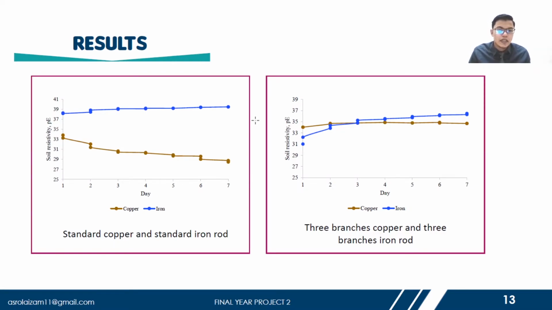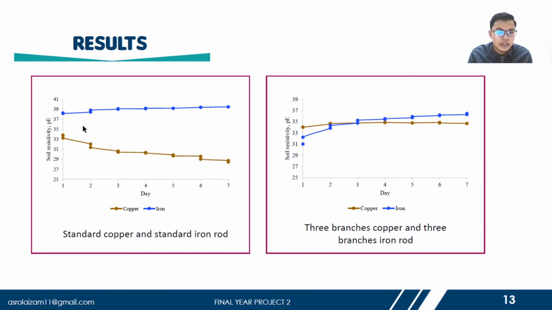So the data analysis will be made based on the comparison. The first comparison is about the standard copper road and the standard iron road. As you can see here, the copper road has a lower resistivity, while the iron road has higher soil resistivity.